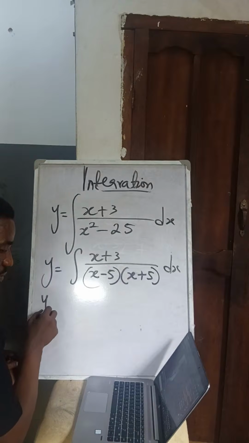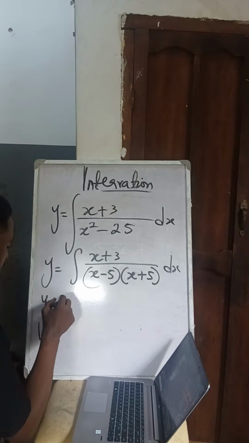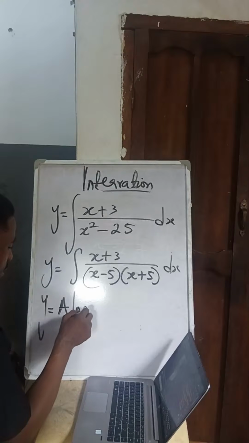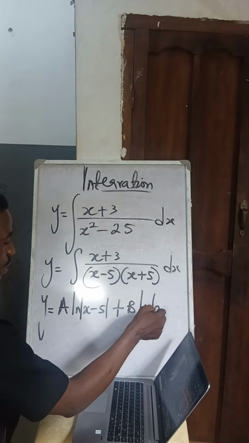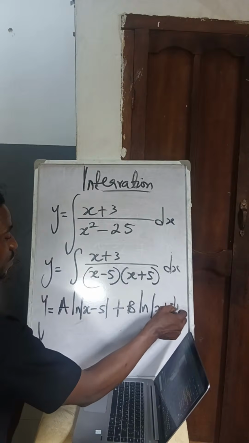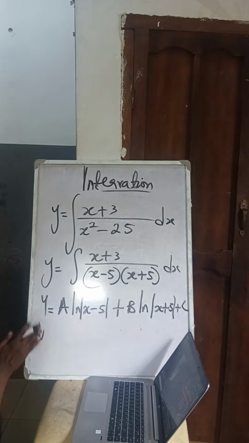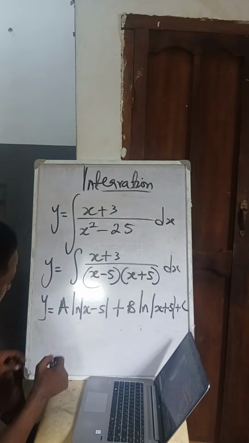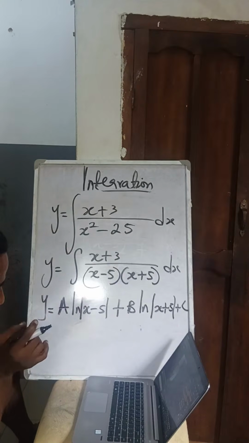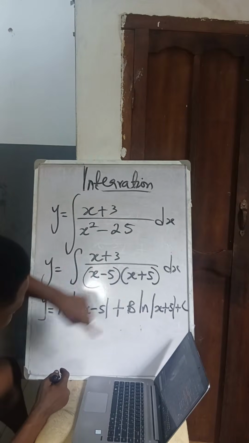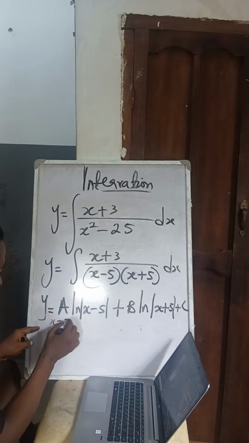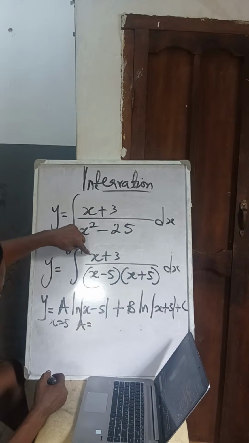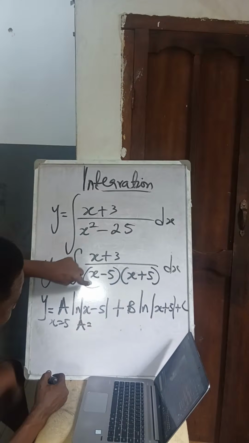That is all. We say A over (x minus 5) plus B over (x plus 5). I know you must love this. So when we take x minus 5, that means x is equal to 5. We can get A. Anywhere you see x, put 5, except in x minus 5.